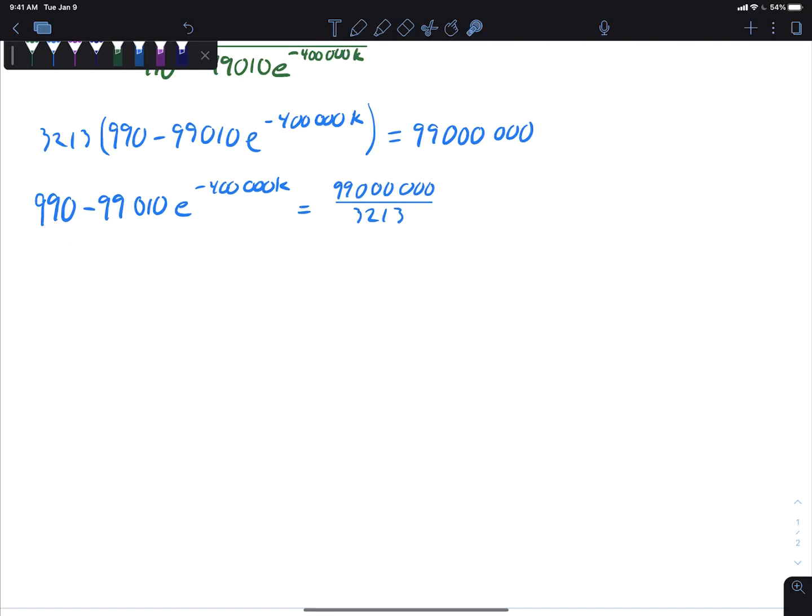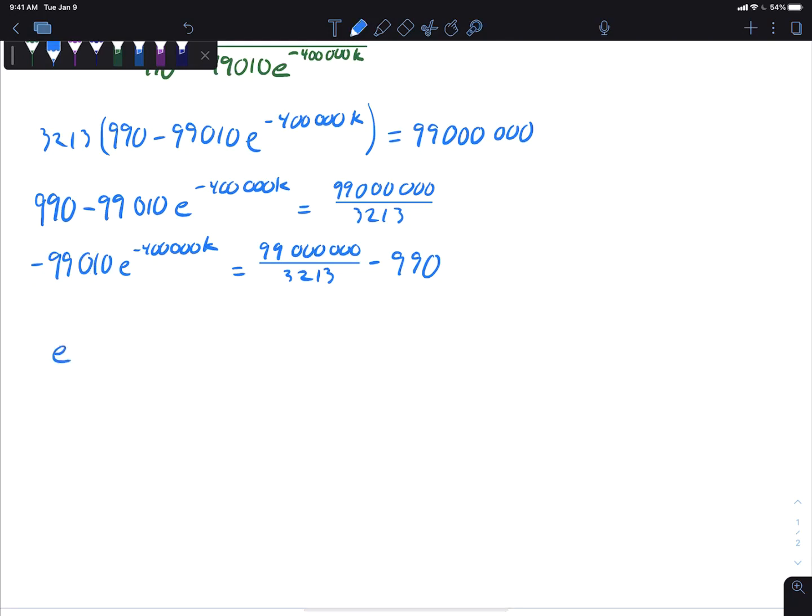Subtract the 990 from both sides. It's going to give me negative 99,010 e to the negative 400,000 k, and all of that's going to equal that 99 million over 3,213, and then we're subtracting off that 990. Now notice that we have e to the something times all of this, which means we need to get rid of all of this, which means we're dividing both sides by negative 99,010.